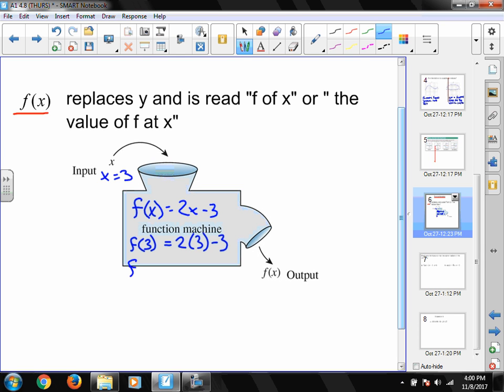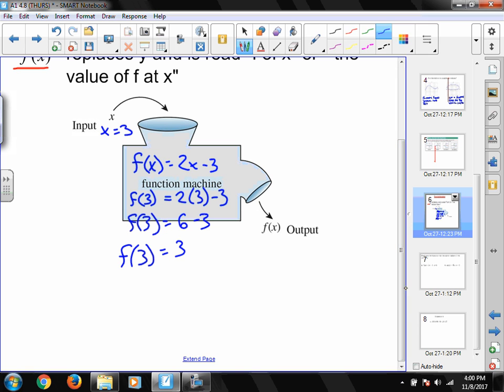And your value of f at 3 is going to be 6 minus 3, or 3.